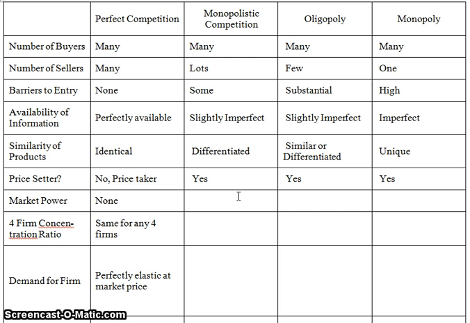So moving on to the market power. Perfectly competitive firms, an individual firm has no market power because they're such a small person in the whole scheme of things that any little thing they do impacts nothing at all. Whereas a monopolistically competitive firm has some market power. Right? So their power comes from the strength of their brand.